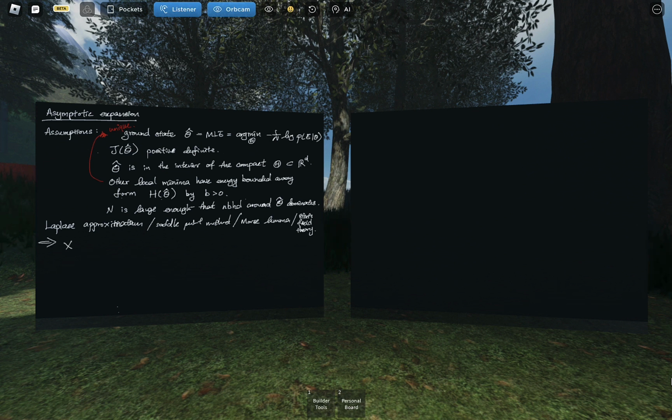So he introduced a new quantity equal to negative log P of A, which means that this quantity is just a free energy, right? And it is equal to n times the ground state energy plus d over 2 log n.